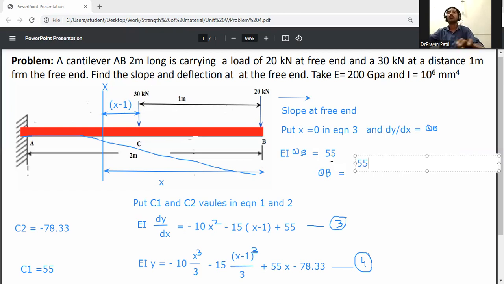The EI value we have calculated earlier is 30 into 10 raised to the power 3.